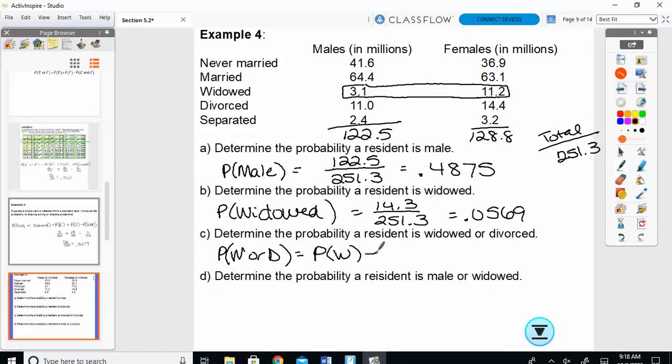So this would be mutually exclusive, so all we have to do is add the two together. So the probability of being widowed and the probability of being divorced. You can do them individually. If you want, you could just add all four of those numbers together and divide it by the total. However you want to go about it, you'll get the same thing.